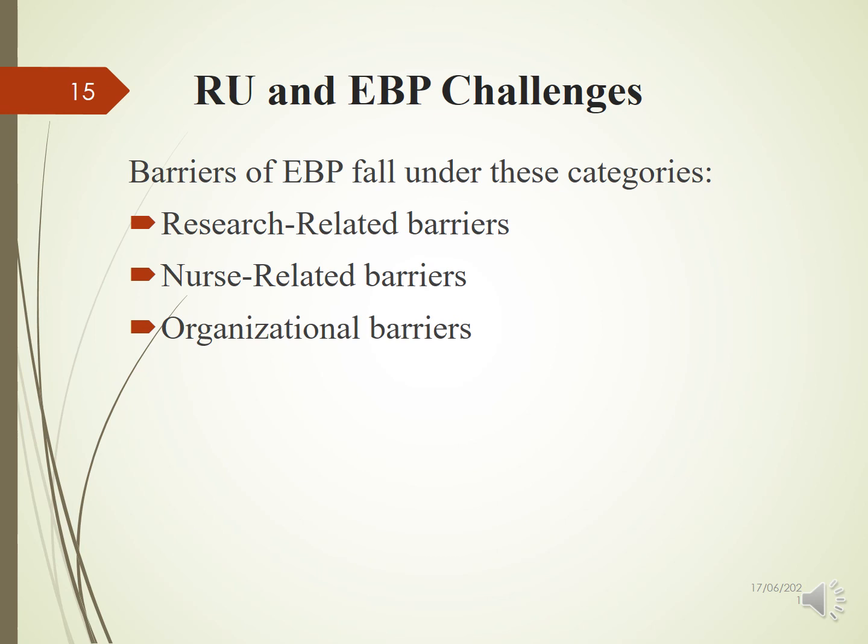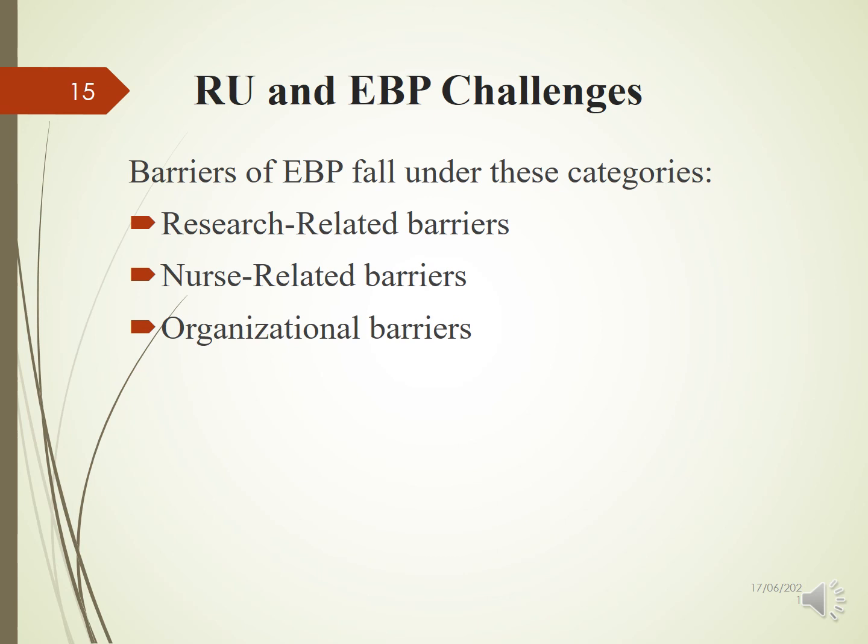When we talk of research-related barriers, we are talking about the type of terminologies or jargons or the type of statistical manipulation that are incorporated in research articles. These actually deter or prevent nurses from reading because normally they don't actually understand those kinds of jargons and statistical manipulations.